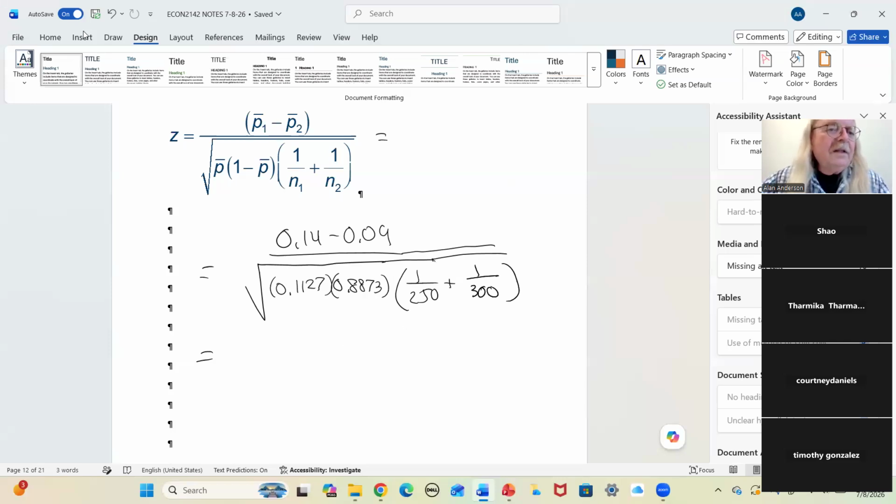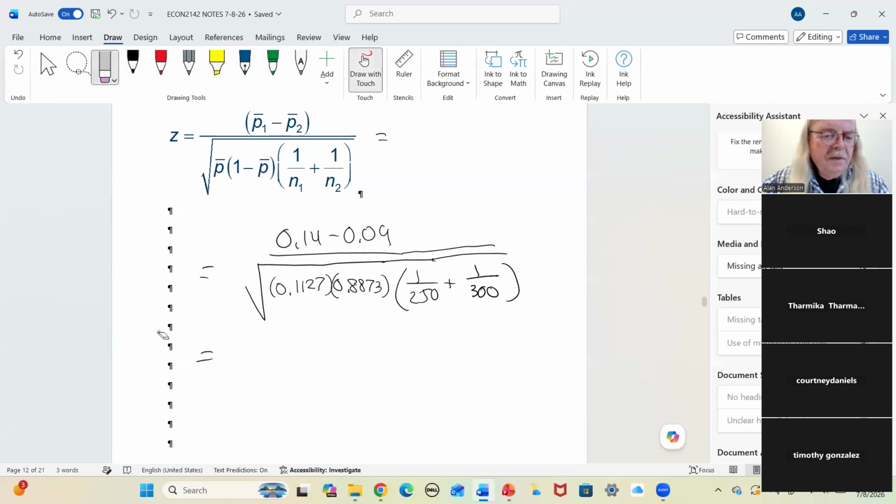Whenever it's a real mess like this, you might want to think about simplifying it a little.